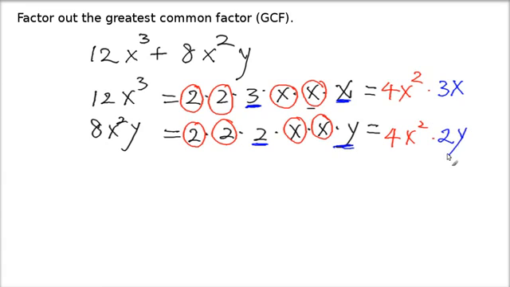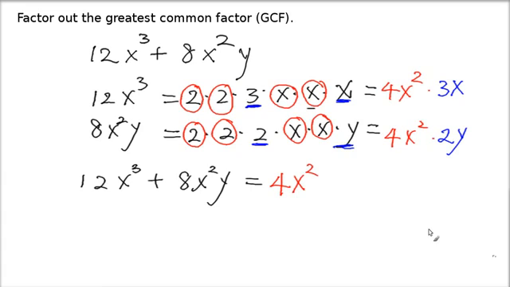So 2 times y. So we can write the polynomial 12x cubed plus 8x squared y as a product of the greatest common factor 4x squared times parentheses remaining factors 3x from the first one plus 2y from the second one.